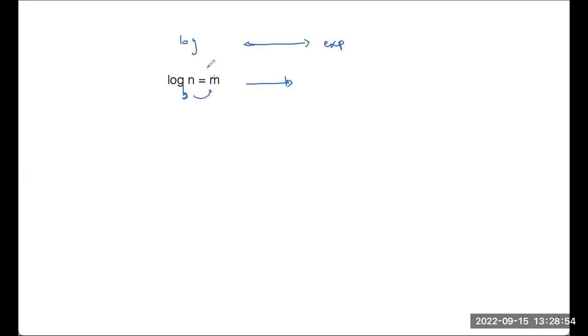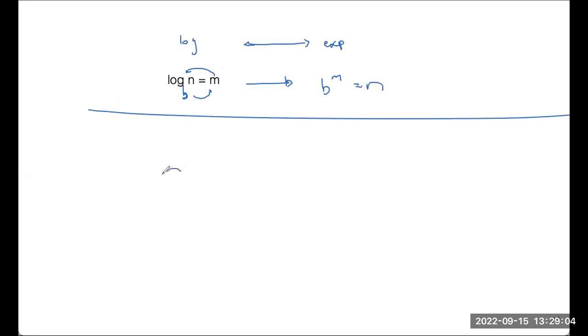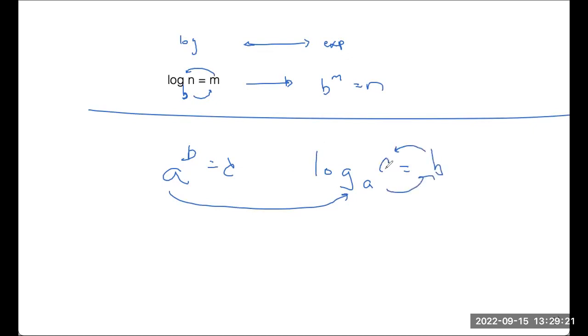Well, here we would show that log base B of N equals M, so base B to the power of M is equal to N. In addition, if we go backwards, A to the power of B is equal to C. Notice right now the base is no longer B, it's an A. So we go log base A of C is equal to B. And oftentimes you'll be setting this equal to X, right?